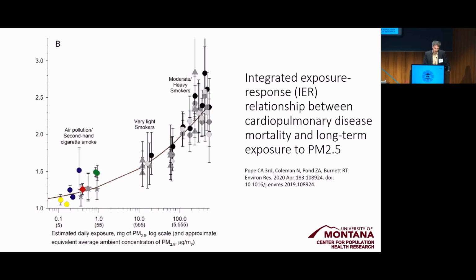I'll also point you to the numbers in parentheses on that horizontal axis; those are estimates of concentration of PM 2.5. And then what I did here, just for fun, is overlay some markers to help us orient around the different types of concentrations of exposure that we might have.